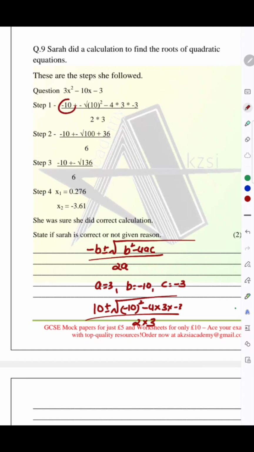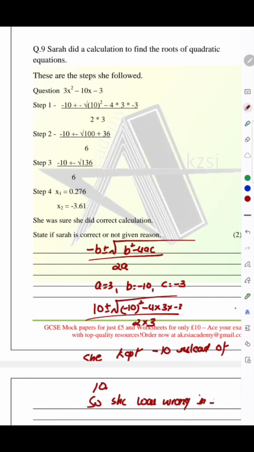But she used -10 instead of +10, so that's her mistake. She kept -10 instead of +10, so she was wrong in step 1 itself, and that changed her whole calculation.